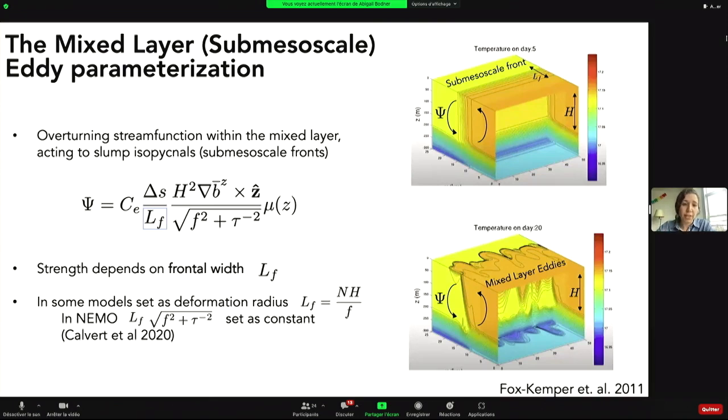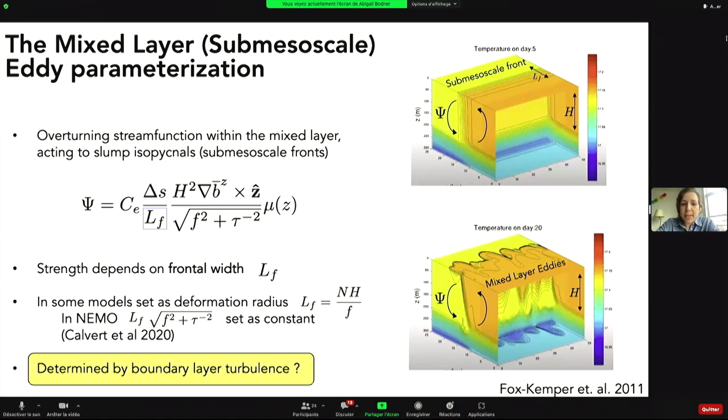But in either case, there's been a lot of literature that suggested that really the frontal width should not necessarily be determined by these external factors, such as the mixed layer depth or stratification, but rather it should be set by the boundary layer turbulence that is already interacting with submesoscales near the ocean surface. So this is the main motivation for our modification: we wanted to find a scaling that represents the actual physical process that's occurring between the frontal formation and the boundary layer turbulence near the ocean surface.